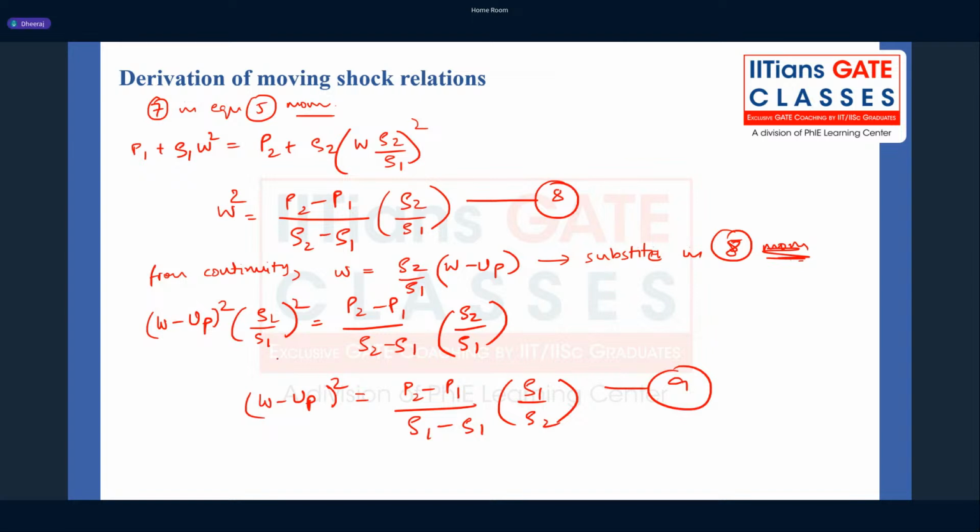So I have my W minus UP and I have my W square. So both velocity and my relative velocity, in both upstream and downstream of the shock, I have in terms of pressure and density, right? If I plug this into my Hugoniot equation, I'll be eliminating the W minus UP and W terms.